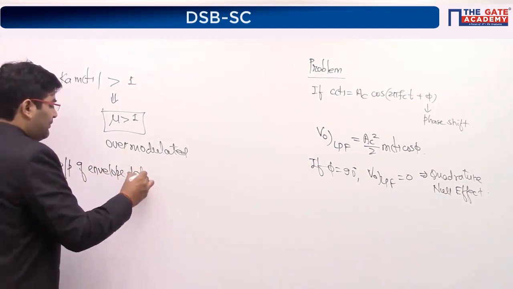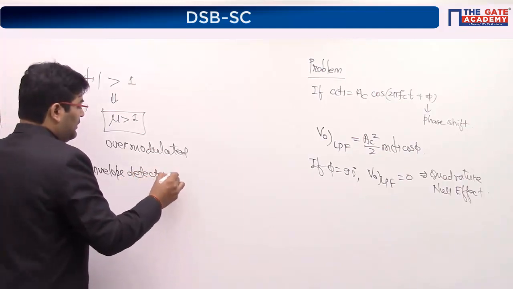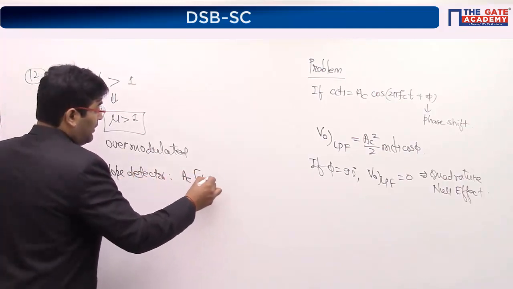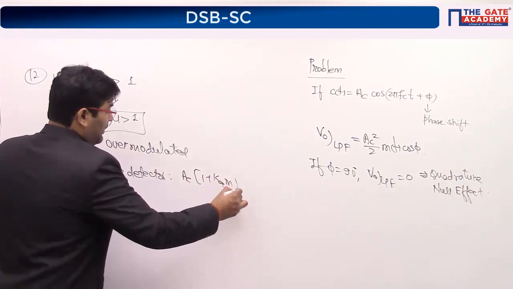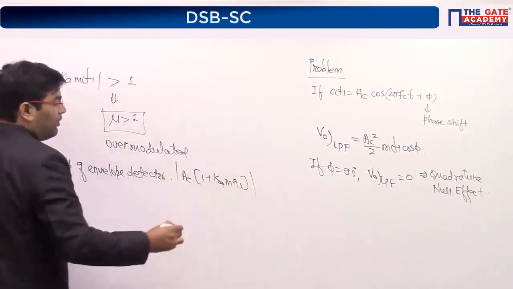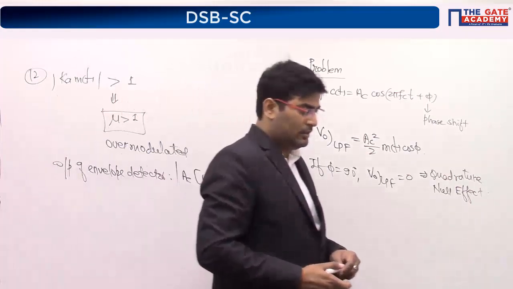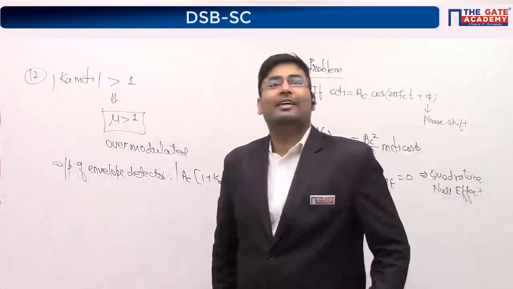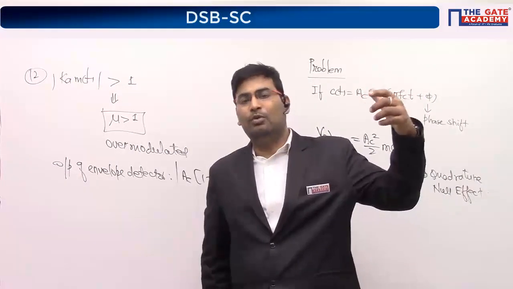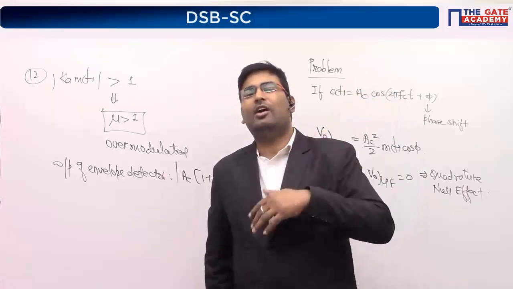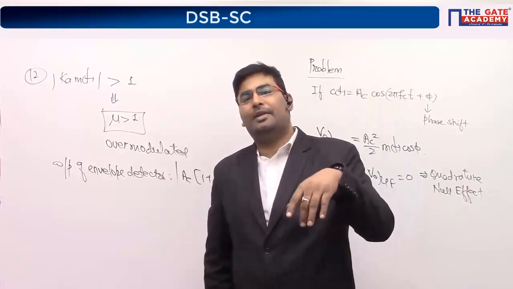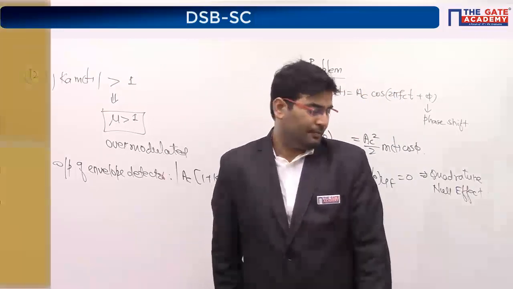Actually, it will be Ac times the mod of 1 plus k m(t). It's a very conceptual question. Those strips which you saw, blue and black color, are just not m(t). It is the product of m(t) and c(t). You are right.